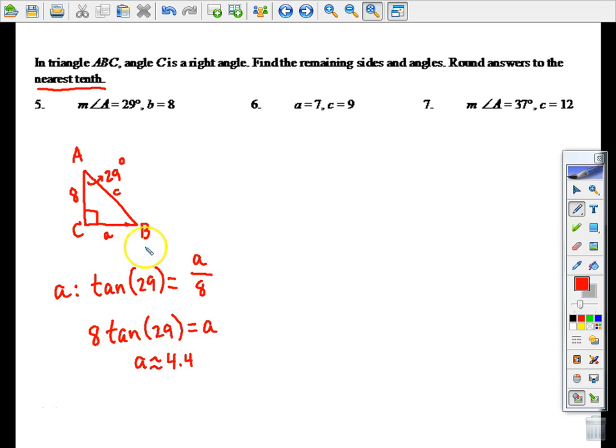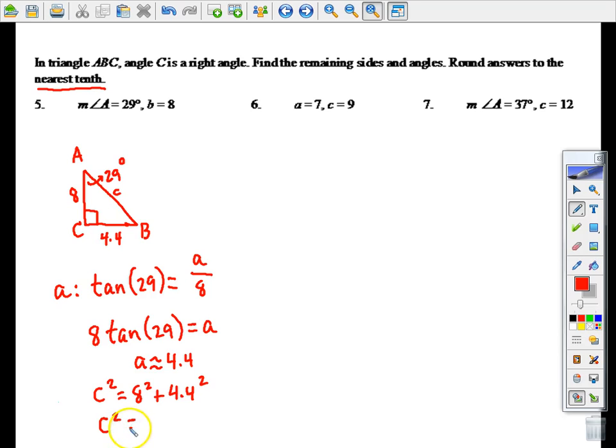All right, so with 2 of the sides found, we can rely on the Pythagorean theorem, in this case, to find the hypotenuse. So C squared is going to be 8 squared plus 4.4 squared. All right, so let's grab our calculator, and 8 squared plus 4.4 squared equals 83.36.